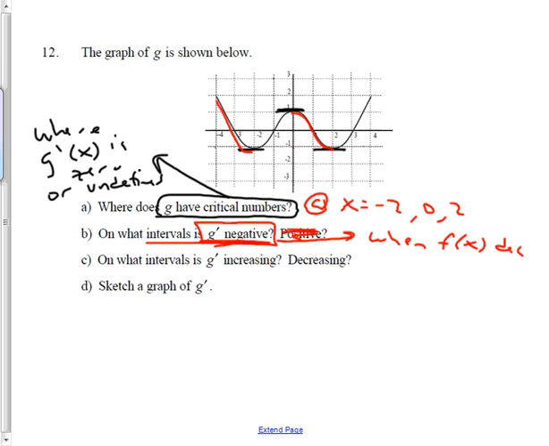So the intervals are from negative infinity to negative 2, union, or including, 0 to 2. And notice that I'm using parentheses, meaning it doesn't include those endpoints. Because at negative 2, it's neither decreasing nor increasing, it's 0. And at 0 and 2, it's neither increasing nor decreasing. At that point, the slope is 0.